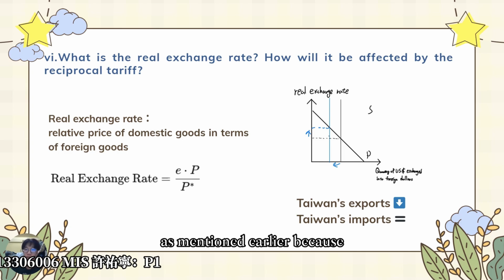As mentioned earlier, the US is buying fewer Taiwanese exports because they are too expensive. So there is less USD flowing into Taipei's foreign exchange market, which means the supply of USD drops and makes the Taiwan dollar depreciate. Because the real exchange rate increases, it makes Taiwanese goods more expensive abroad.